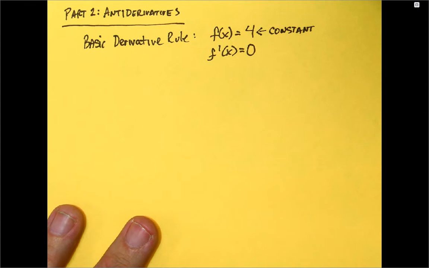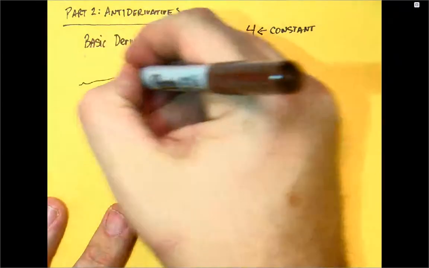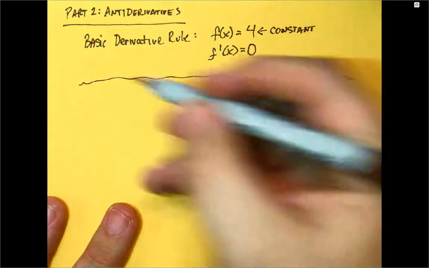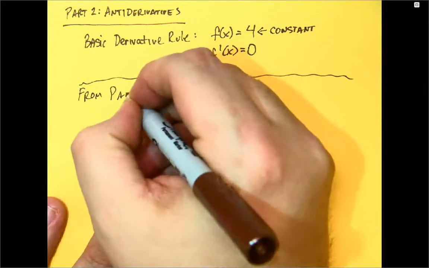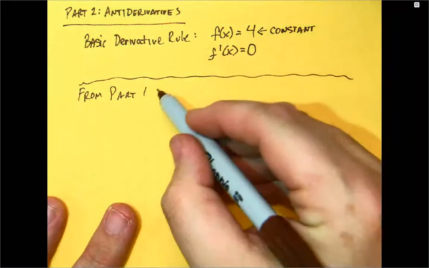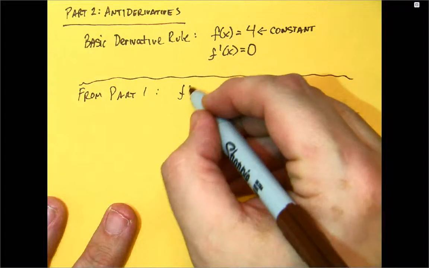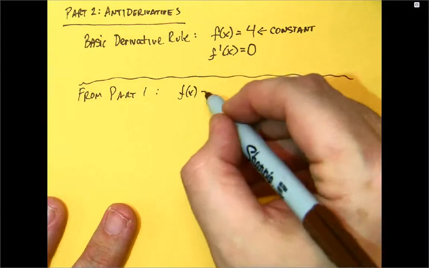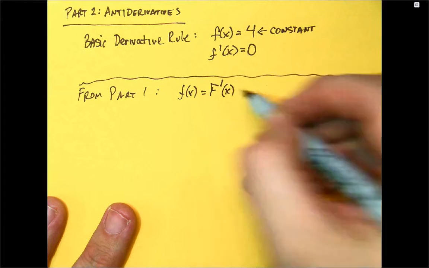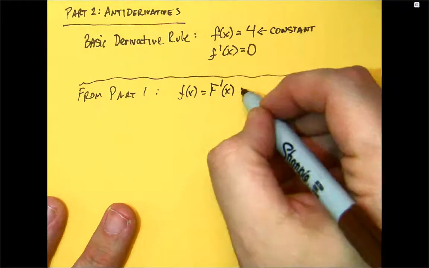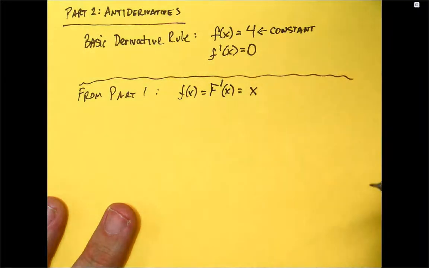Now, if we go back to what we were doing before in part 1. So let's go to part 1. Big F of x, the antiderivative, F prime of x was equal to x.